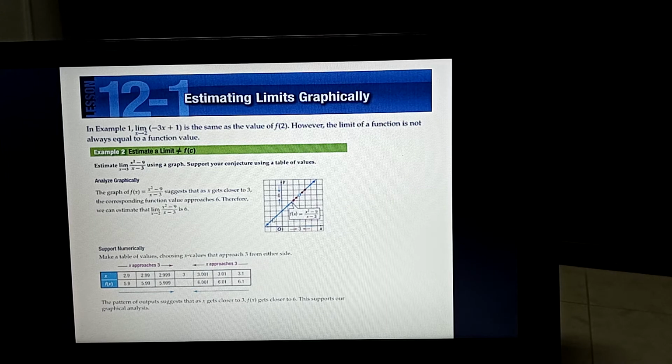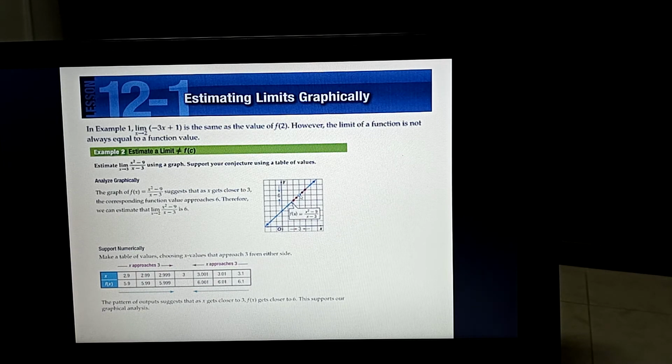Right. Now, what is the limit of this function when x approaches 3? From the left, walk with me to the point 3. The height is 6. I will be closer and closer to 6. The value is not 6 exactly, but I will suggest that it is 6. Now from the right, if I walk to the point 3, what is my height also?